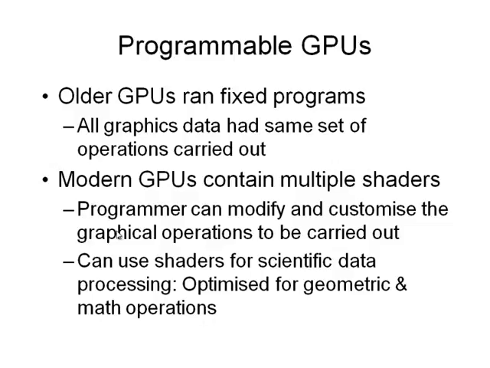Modern graphics processor units contain multiple shader units, and programmers can write special programs to run on the graphics chips themselves to modify and customize the graphical operations to be carried out. These are actually very flexible and can allow the shaders and GPUs to be used for scientific data processing.